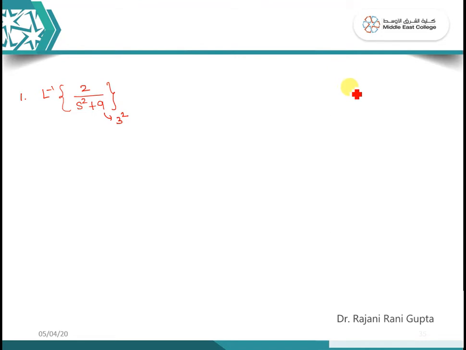So you need to look for the rule matching to it. The matching rule is Laplace inverse of a over s square plus a square, which gives you sin at. Now, what is the requirement of the rule? If you have a square here, you should have a here. But you are having 2, which is not 3.